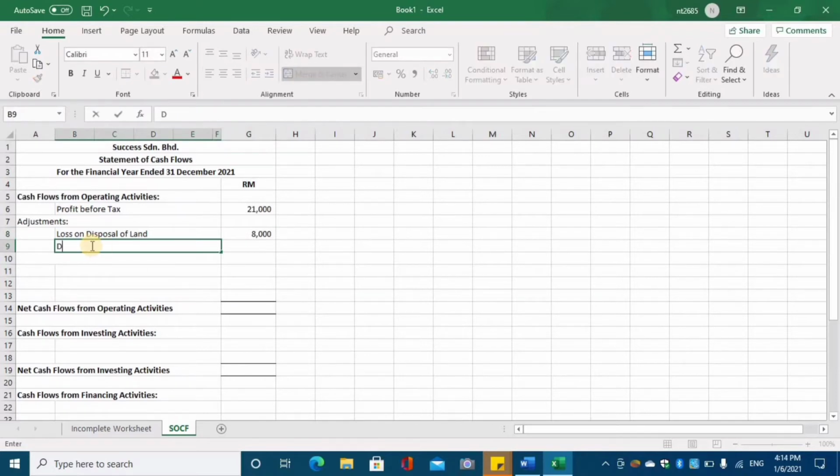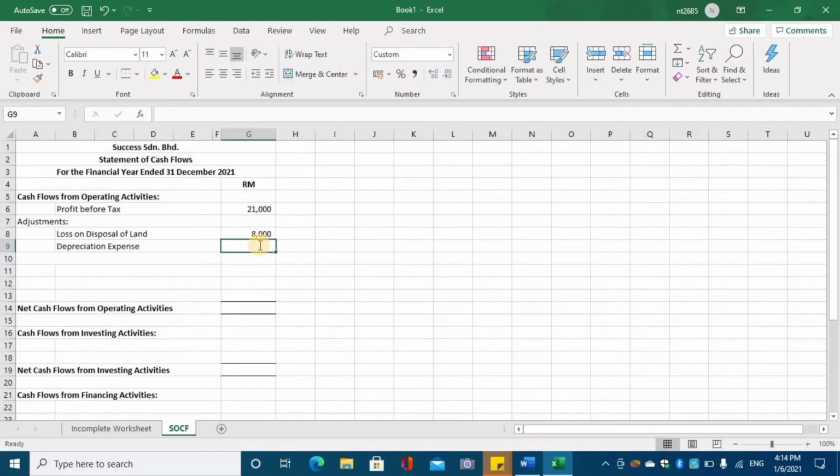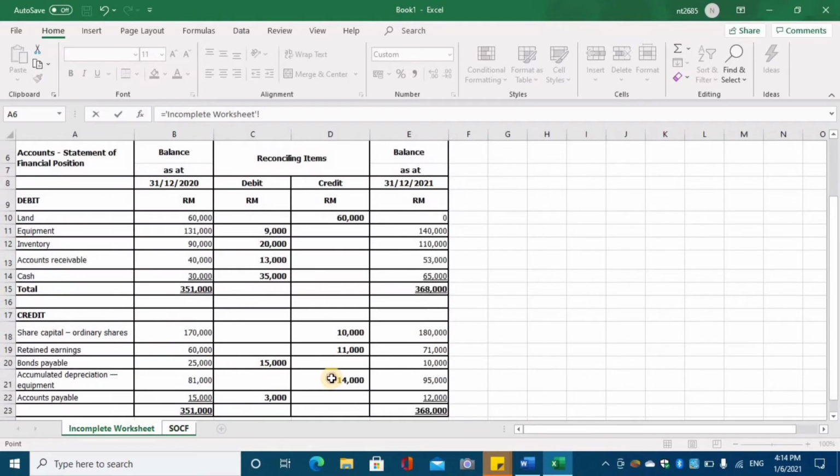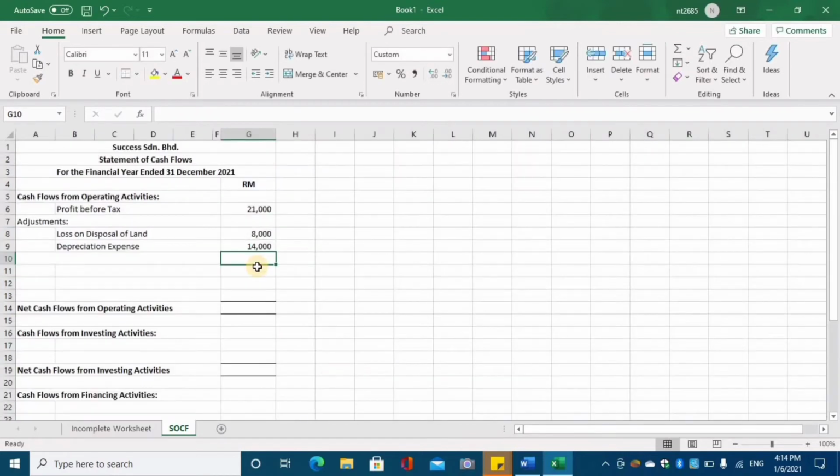Next is depreciation. Because we have accumulated depreciation, the expense of 14,000 is paired with depreciation expense. So we just take from accumulated depreciation.